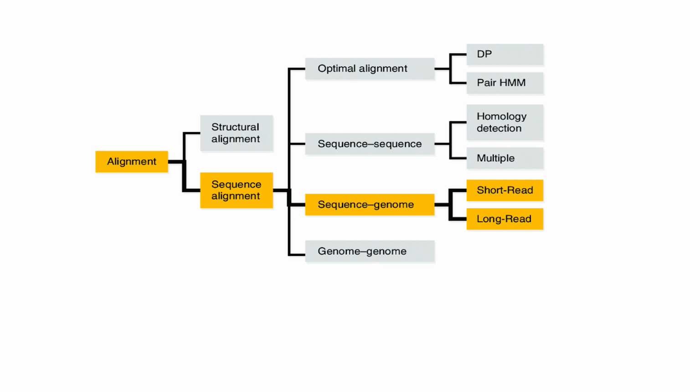One can see alignment can be categorized into structural alignment and sequence alignment, and the sequence alignment can be further categorized into sequence-genome and genome alignment, and sequence-genome can be further classified into short reads and long reads. And sequence alignment, when we are taking two sequences, includes homology detection and multiple sequence alignment, and another is optimal alignment, dynamic programming and pair hidden Markov model.